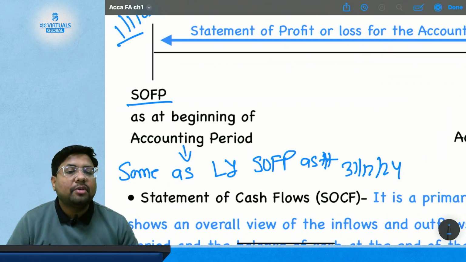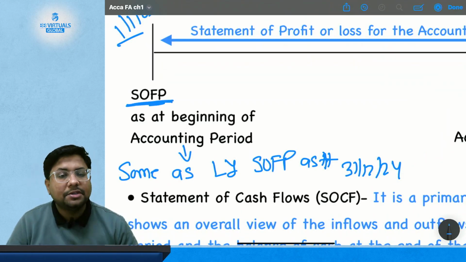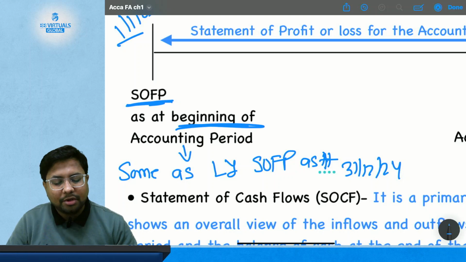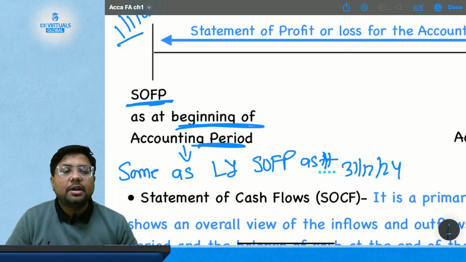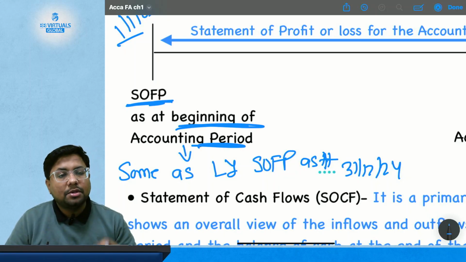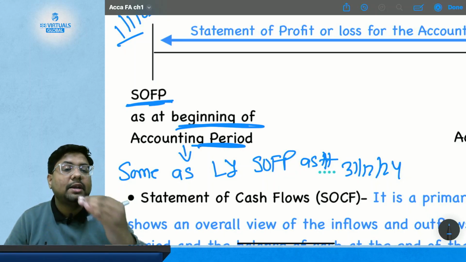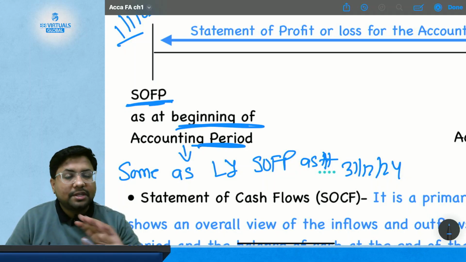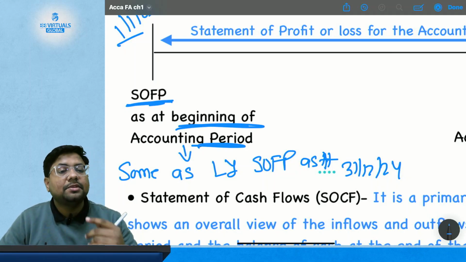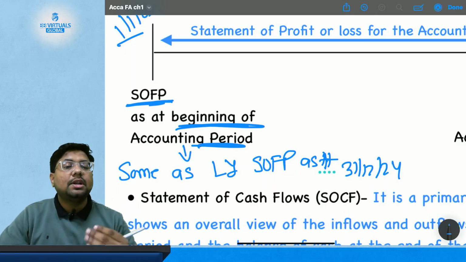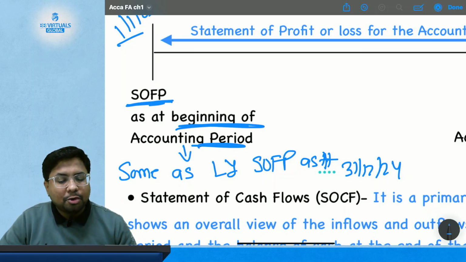When I say beginning, that means the accounting period has just started, and this is my financial position at the very start of the period, not at the end of that day. I am not talking about my statement of financial position at the end of 1st of January. I am saying what my statement of financial position is at the beginning of 1st of January 2025.